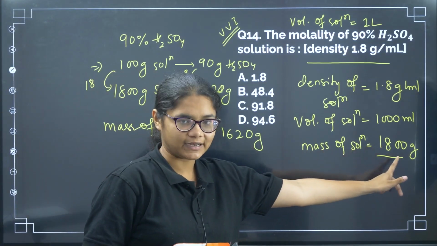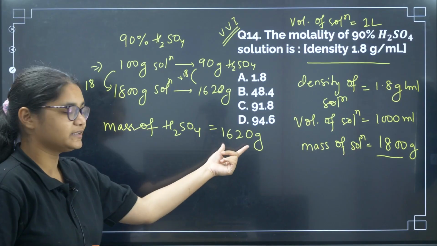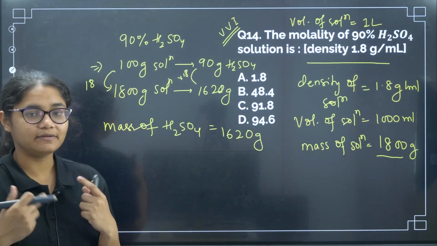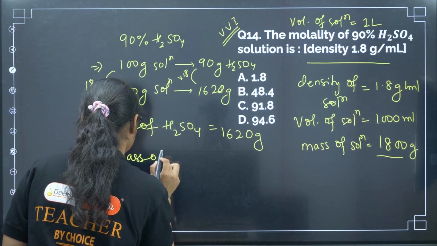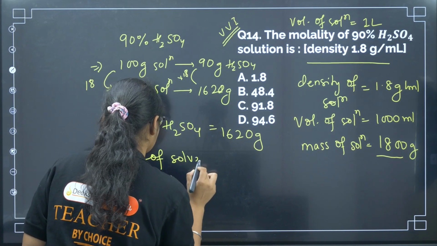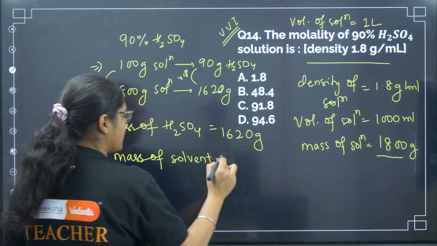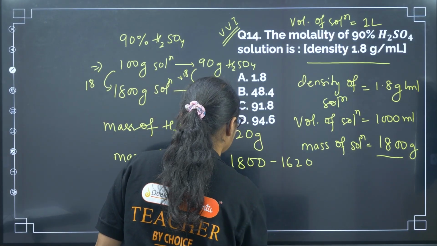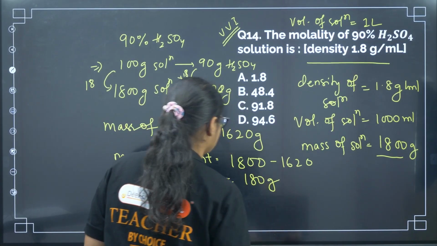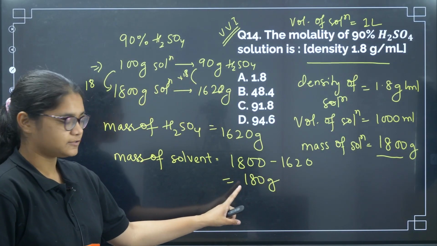Mass of the solution is 1800 gram and mass of the solute is 1620 gram. For molality, we need mass of the solvent. Mass of solvent will be 1800 minus 1620, that is 180 gram. So I got now the mass of the solvent.